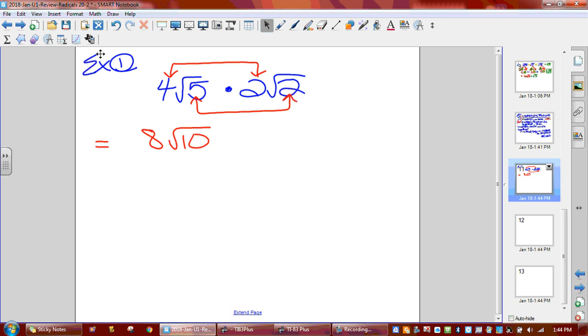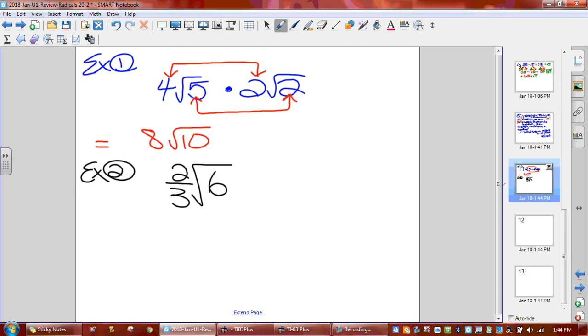Let's go with 2/3 root 6 times 4 root 2. So, the coefficient on the left is in fraction form. So we need to make that 4 into fraction form. So I'm going to put it 4 over 1. Now we're going to multiply top to top and bottom to bottom for those fractions, just a simple fraction rule.